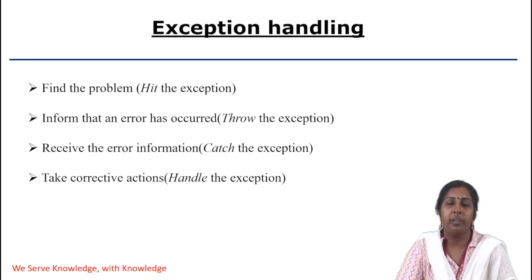After that, receiving the error information, whatever circumstance has happened, is catching the exception. And finally, we have to take the corrective actions to handle the exception. So these are the four important terms: hit the exception, throw the exception, catch the exception, and handle the exception.